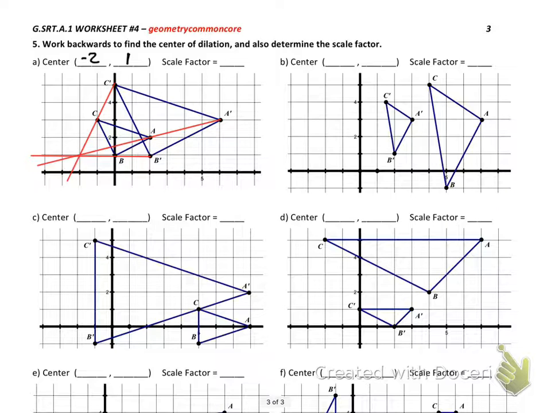So this one is getting bigger. And so what I want you guys to do is ask yourself that question to begin with. The most common mistake for something like this is to already have an idea of what the scale factor is, but mix up if it's getting bigger or smaller. So instead of a scale factor of 2, you write down a scale factor of 1/2 because you mix up your pre-image and your image.